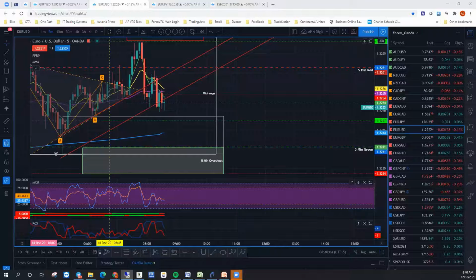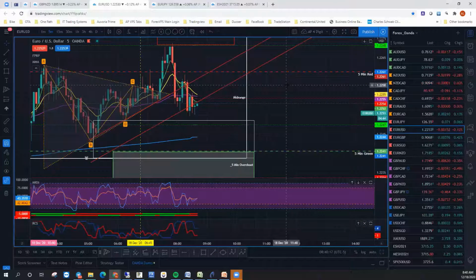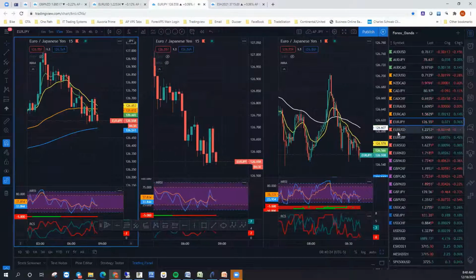I think on that one, I would wait for a bounce, not to take it short. Let's take a look and see what it looks like real quick.